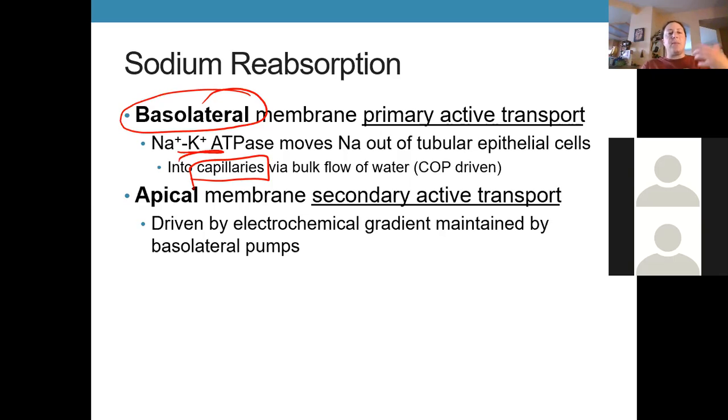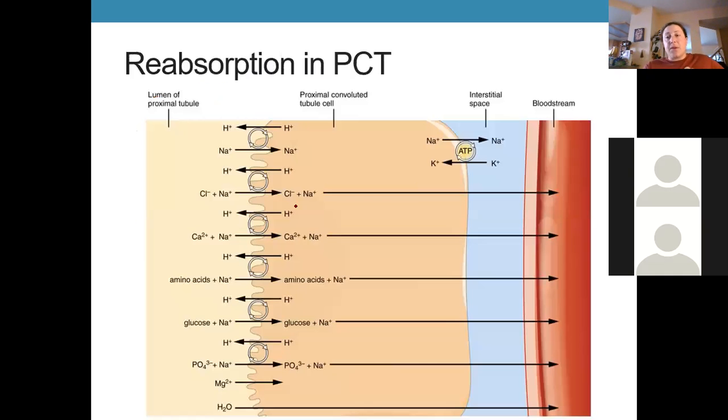And then in order to get a bunch of other things in, we have channels in the apical membrane, so facing the lumen, which has the filtrate in it, that are being driven by this gradient that the pumps are creating. So this should sound familiar because this is pretty much exactly how it works in the digestive system as well.